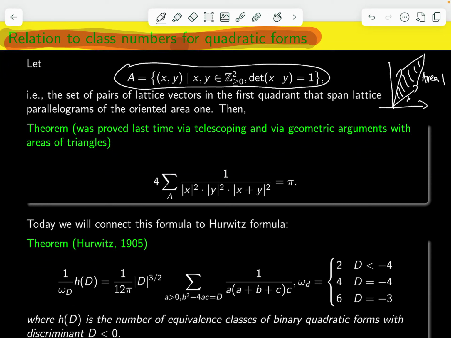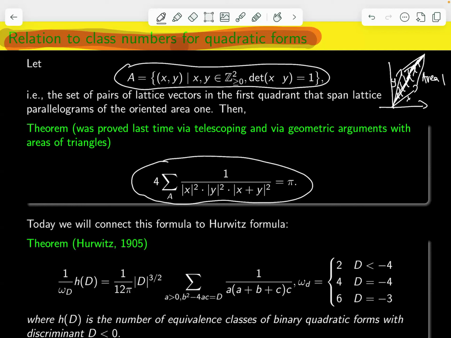So that's X, that's Y. Then, given this set of pairs of vectors, we can organize a summation. We just divide 1 by the length of x squared times the length of y squared times the length of the diagonal, squared. Then take a sum, multiply by 4, and that's pi.